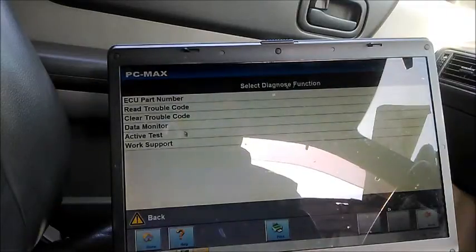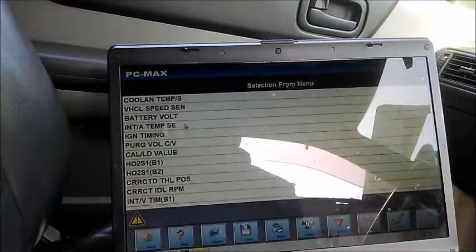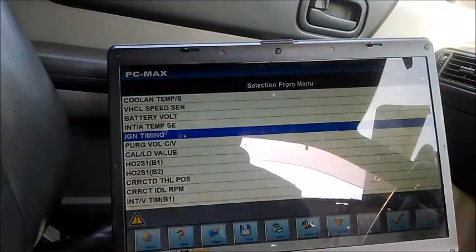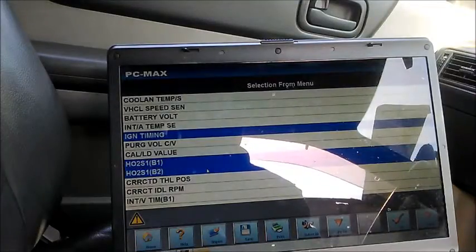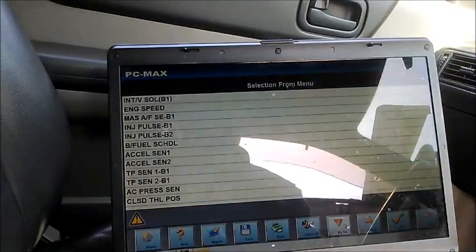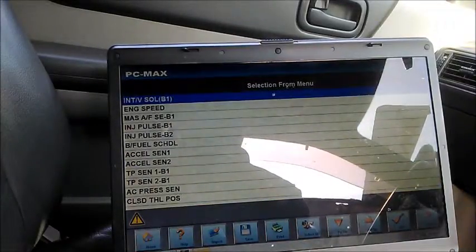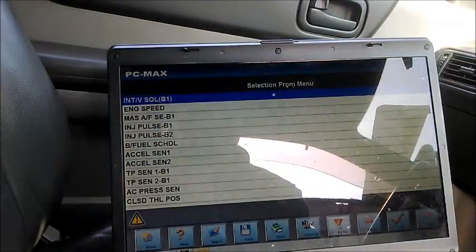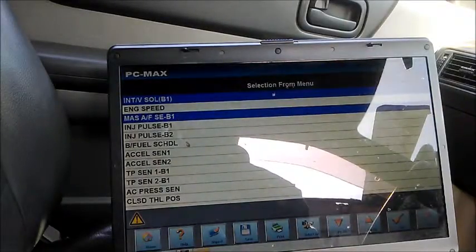Maybe I should go into the data. I'd like to see ignition timing, oxygen sensors maybe. Okay, VVTI commands. Wait a minute. So I want to see the mass airflow.